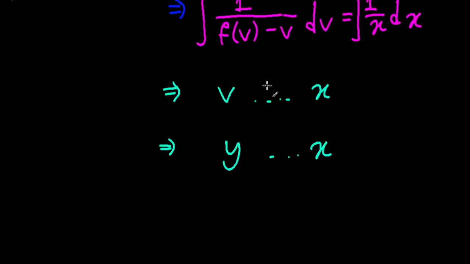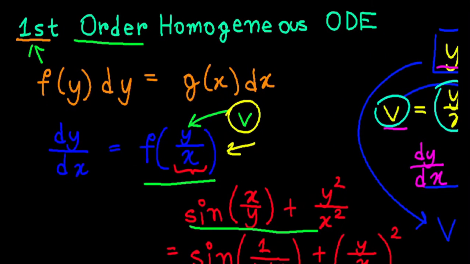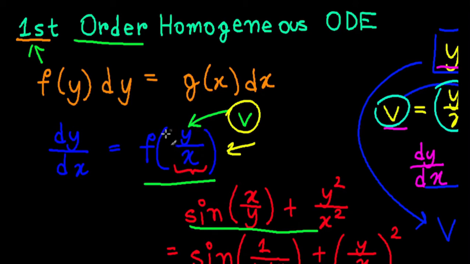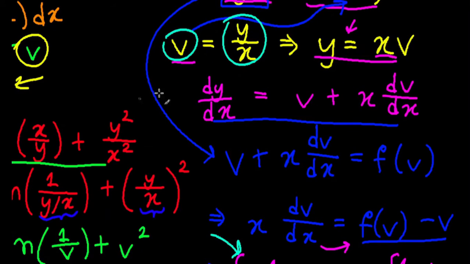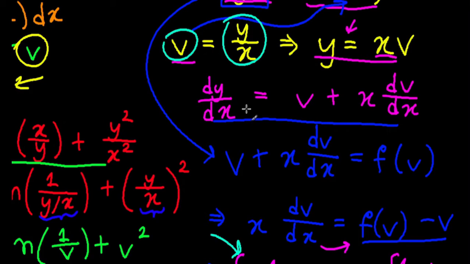So this is basically why this method works. If you see that you can put your differential equation in this form, where the derivative of the dependent variable with respect to the independent variable is equal to some function of the dependent by independent variable, you can then make the substitution v equals y by x, and then use the product rule here.